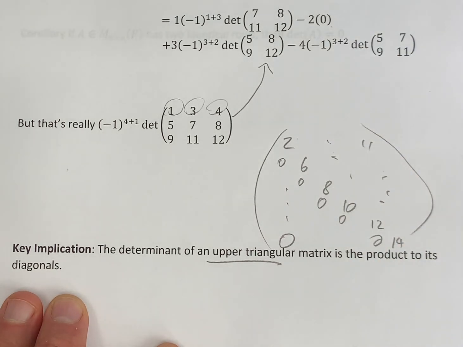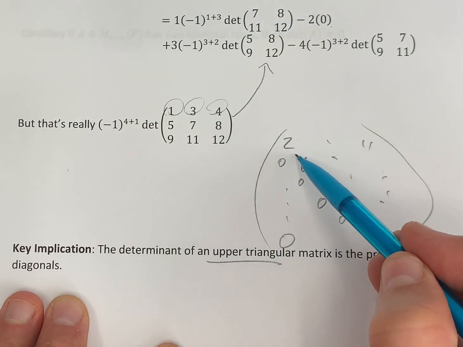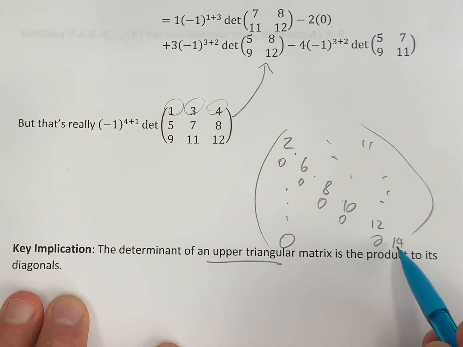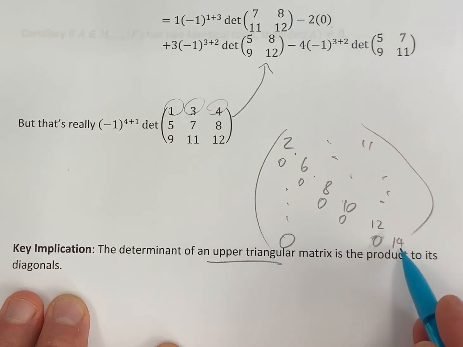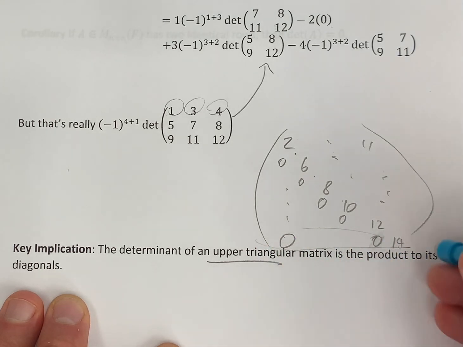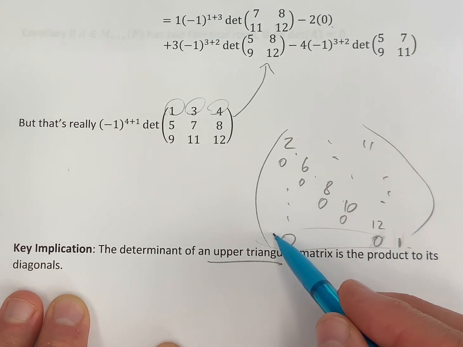Well, why should you believe that it's actually the product of these entries? Well, because you can take this bottom row, and we already proved by the first theorem that the determinant is equal to 14 times the determinant of this. But what's the determinant of this according to the lemma?